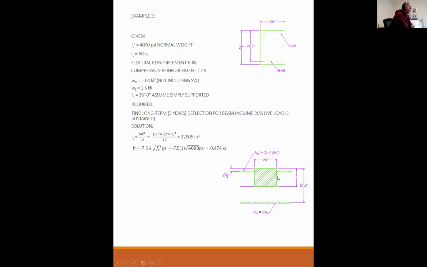So that means the steel is going to be picking up 2 times its stress, and minus 1 because the steel is actually creating a hole in the concrete. So 2n minus 1 times your compression steel. M cracked is the modulus of rupture times I gross over y sub t. Plug those in, I get 1152 kip inch or 96 kip feet for M cracked.